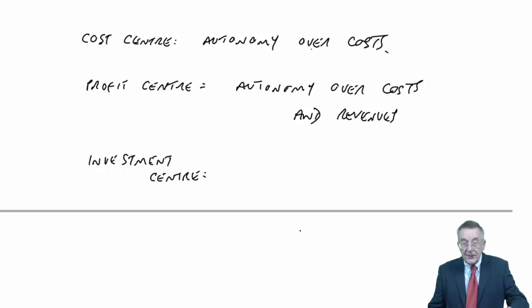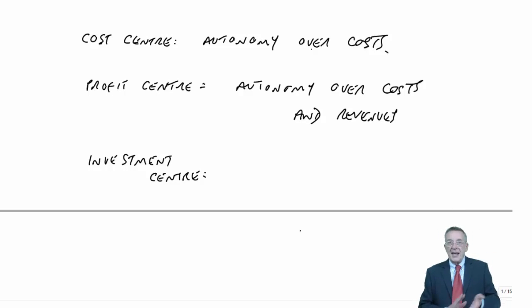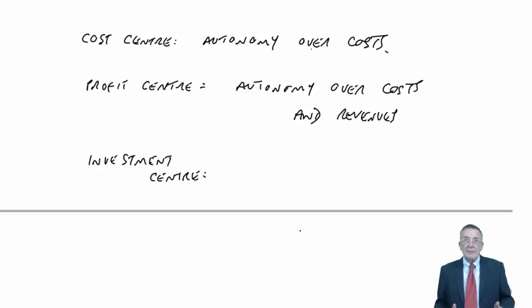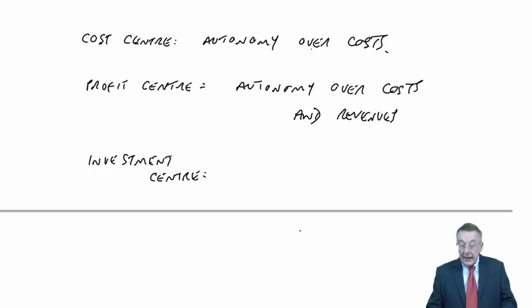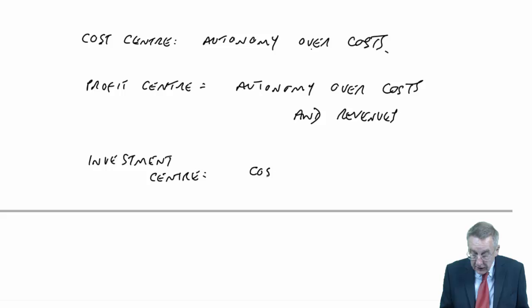That in the first two cases, costs and profit, fine, day-to-day costs, profit centre responsible for your revenues. But when it comes to capital investment, if you want to buy a new machine for 100,000, well, I'll make that decision at head office. An investment centre, though, is where I give you autonomy over not just costs and revenues, but also capital investment.